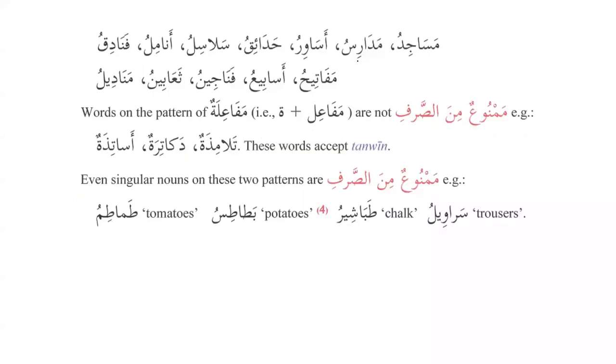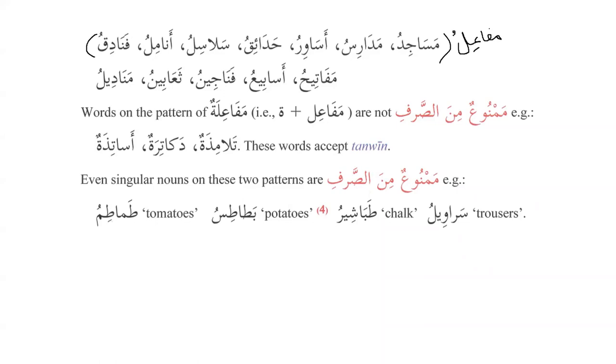Masajidu and madarisu are on the pattern of mafa'ilu. Similarly, asawiru, hada'iqu, salasilu, anamilu, and fanadiqu are all on the pattern of mafa'ilu. Now we cannot make further plural from them. It's not possible.